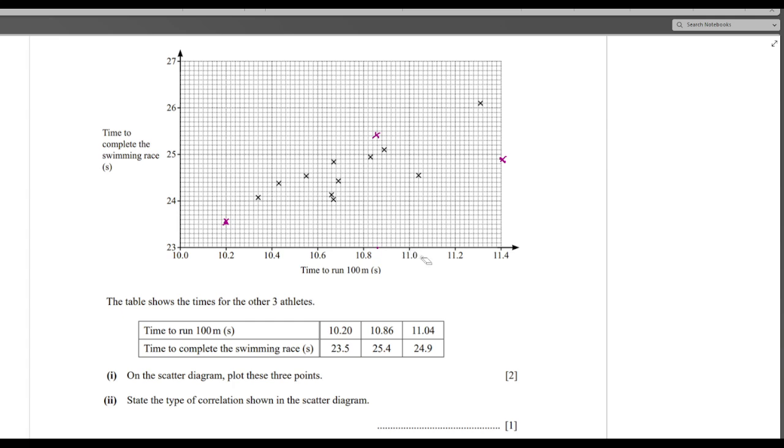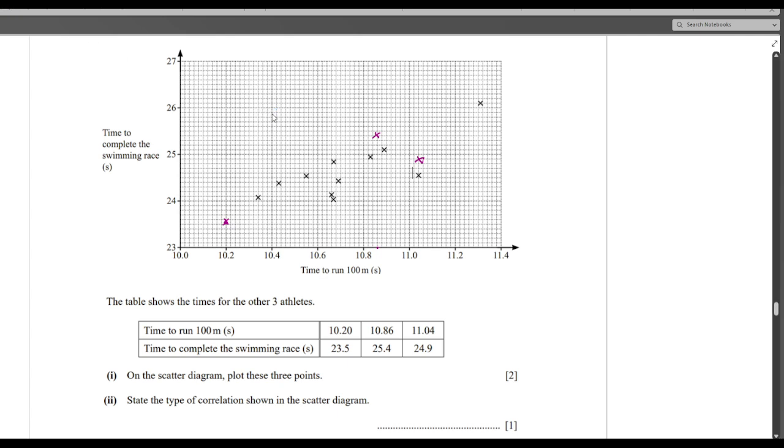So it is 11.0, then 0.2 and 4, and on this line 11.04 I will mark. Already there is one athlete, and on top of it somewhere here I will mark the other point. Okay, done. Now on the scatter diagram, plot these 3 points.